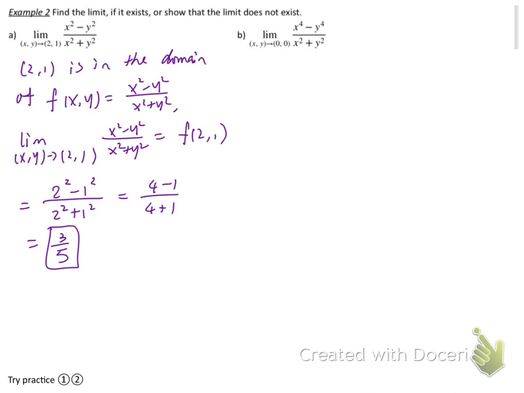Second, question B, I'm having the limit of x to the fourth minus y to the fourth over x squared plus y squared, as (x, y) approaches (0, 0). So first notice that (0, 0) is not in the domain. It makes a 0 denominator. But if you look closer, you will see that the numerator can be factored.